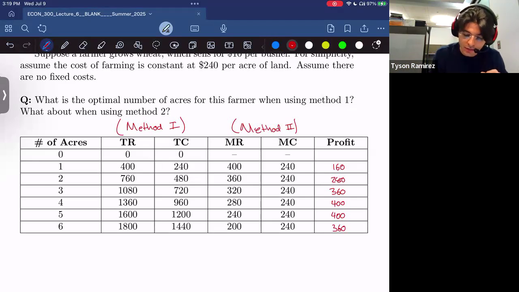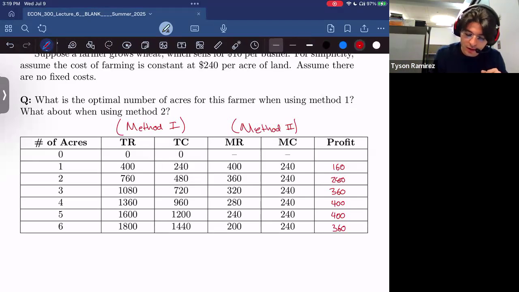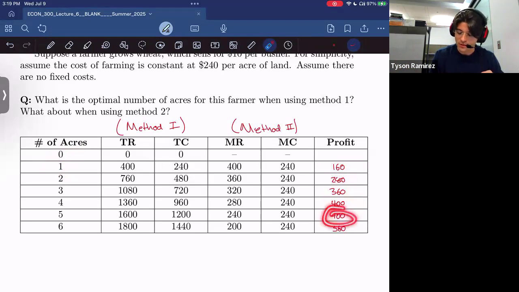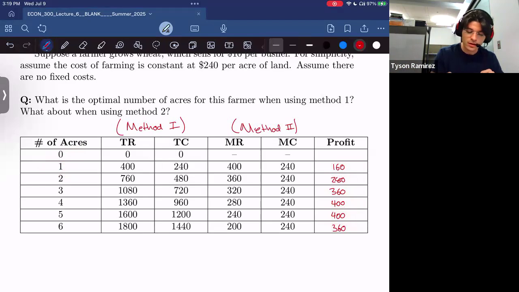For the first acre of land that we employ, we get a profit of 160. The second one gives us a profit of 280. The third gives us a profit of 360. The fourth yields a profit of 400. And the fifth also yields a profit of 400.